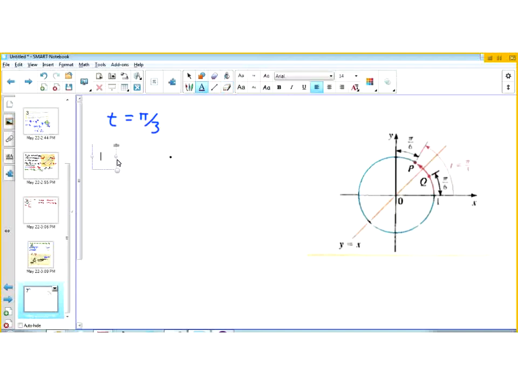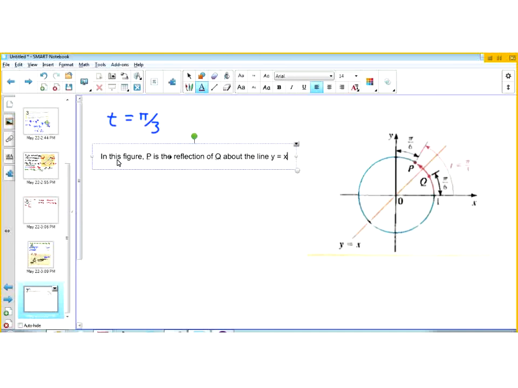So let me write that down for you. In this figure, P is the reflection of Q about the line y equals x, all right?